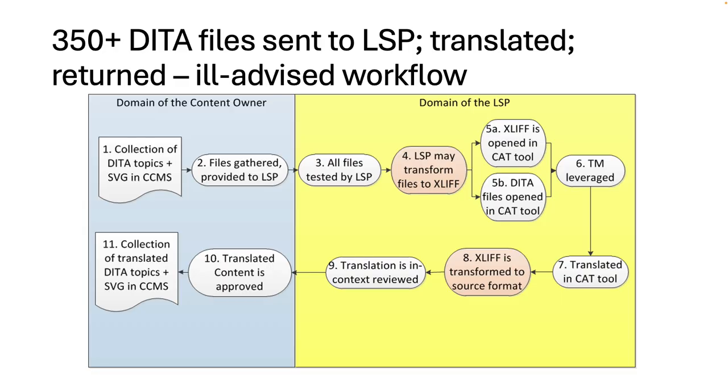Had they converted it to XLIF, then the XLIF would be transformed by them back into its initial format, in this case being DITA. The translation would need in-house review, in-context review. All of these steps 3 through 9 are done by the localization service provider.